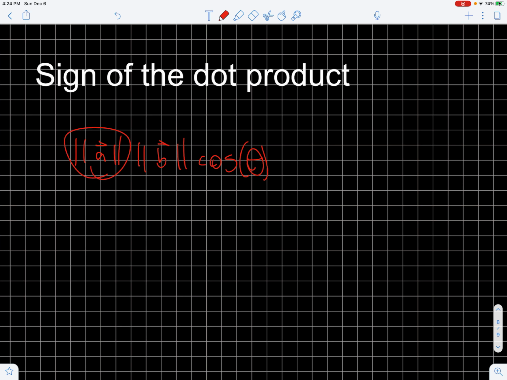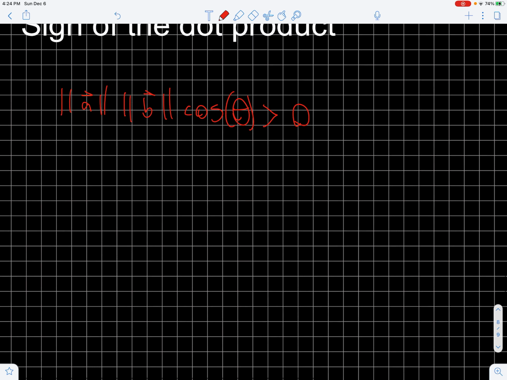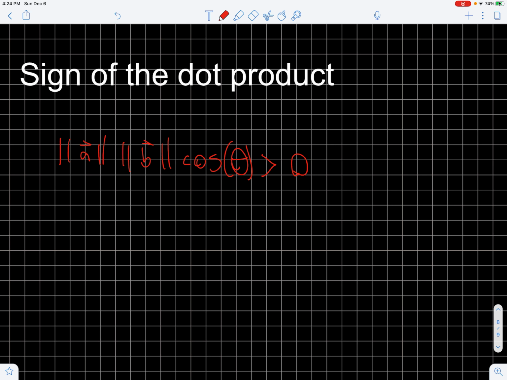All right, so we know this is always positive, and this is always positive. So if the dot product is positive, then we know that theta has to be less than pi over 2, or 90 degrees.